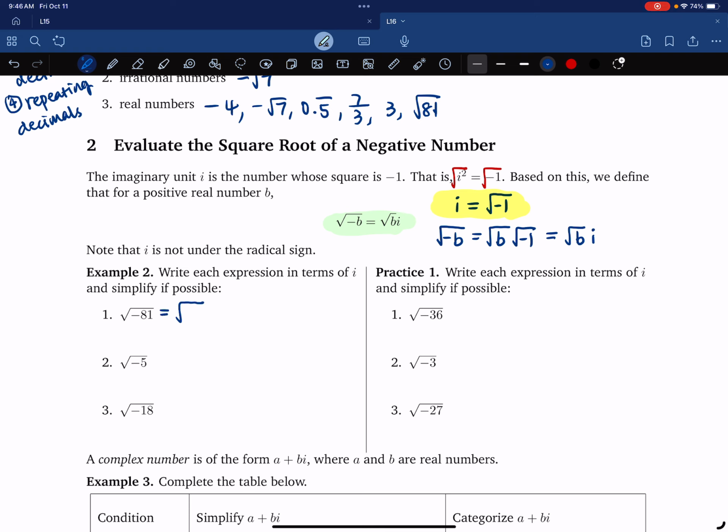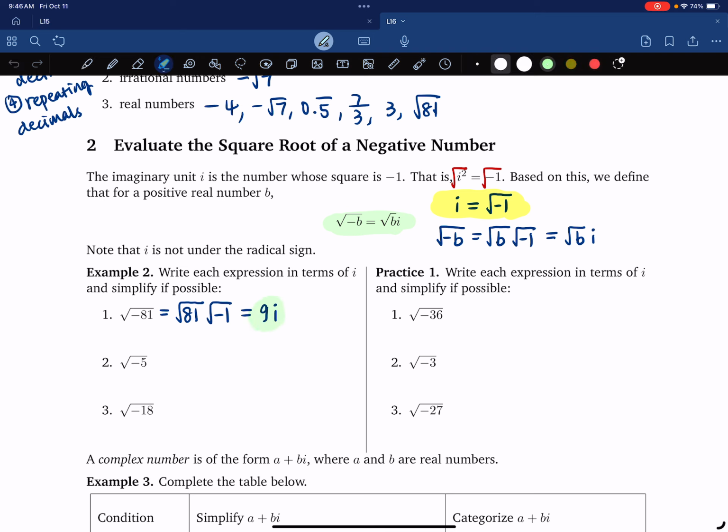I'm going to do square root of 81 and square root of negative 1. If you see a negative number, you just do the positive number times negative 1. That's how you split. And then you do the simplification. Square root of 81, 81 is a perfect square, which will give you 9. And square root of negative 1, use the definition, i. So that will be the answer.